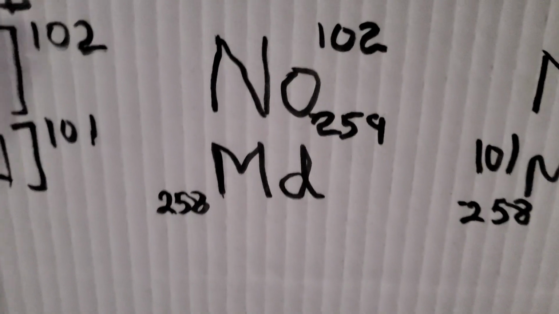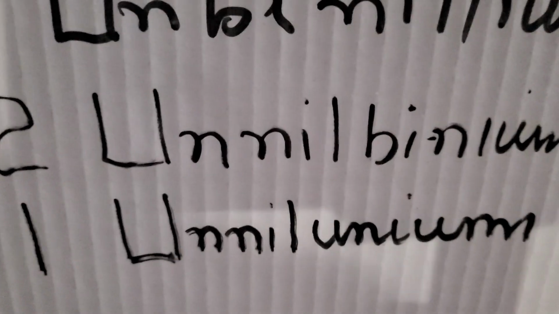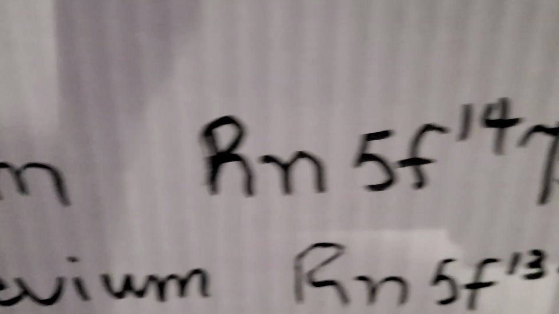So we had looked at 101 unnilunium, UNU 101, mendelevium, atomic number 101, atomic mass 258, and that was its electronic configuration. Now we look at 102 unnilbinium, UNB 102, nobelium, 102, 259 atomic mass, and Rn 5F14 7S2.